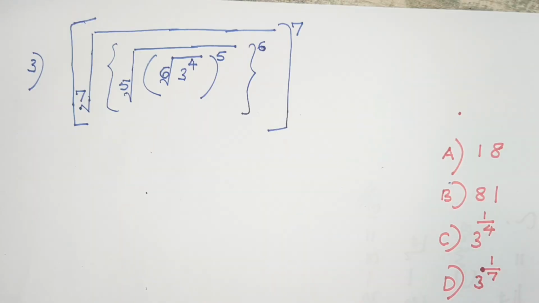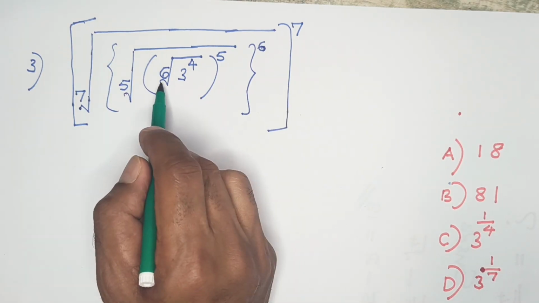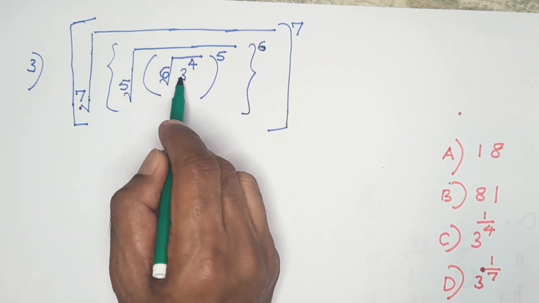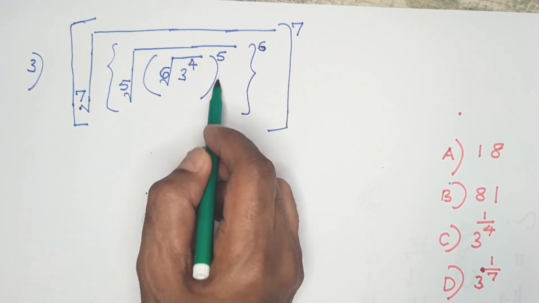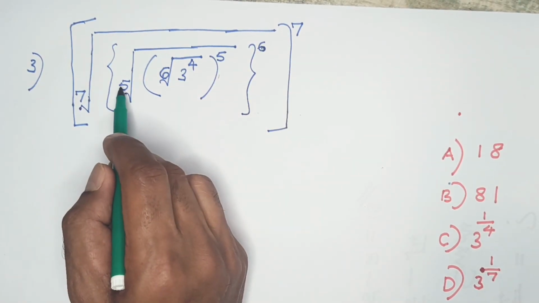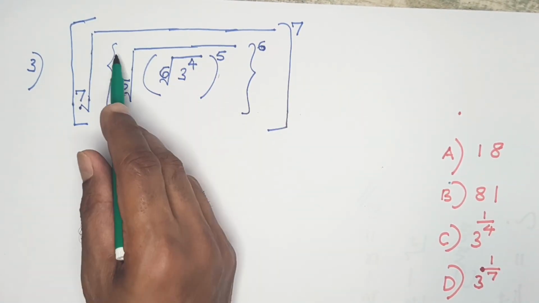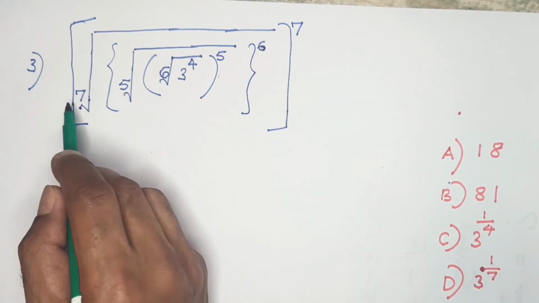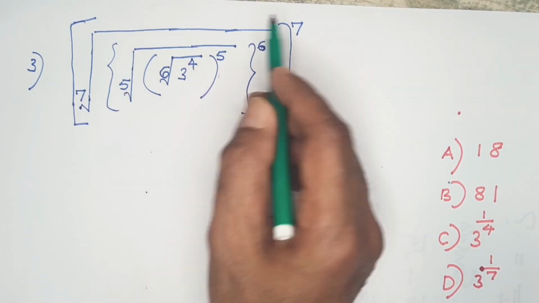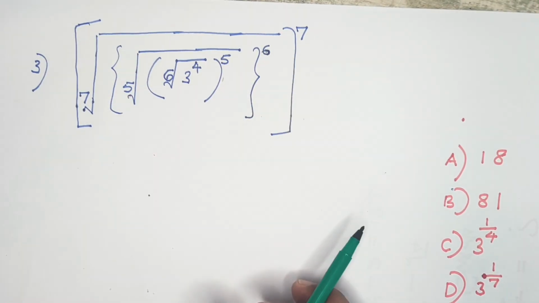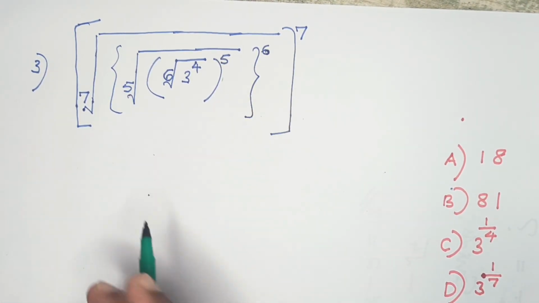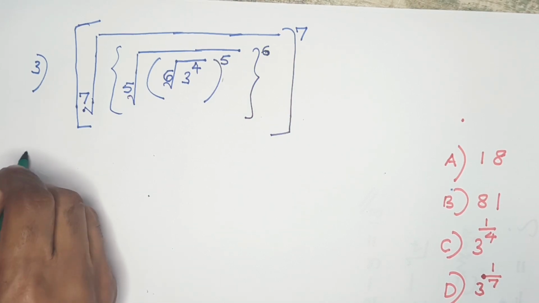The third numerical expression to be simplified is this. Sixth root of 3 to the power of 4, the whole raised to 5. Again, you are taking fifth root of that. Again, you are taking sixth power. Again, you are taking seventh root. And again, seventh power. This numerical expression is a mix of powers and roots.